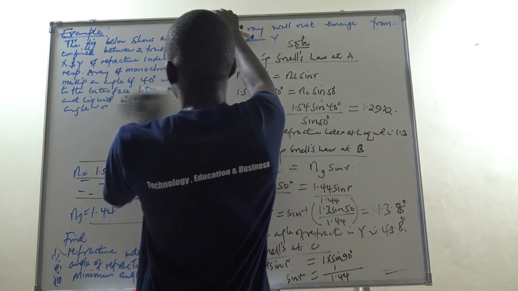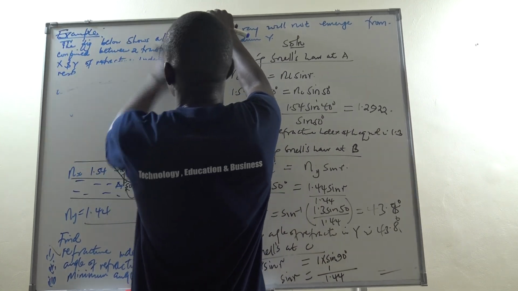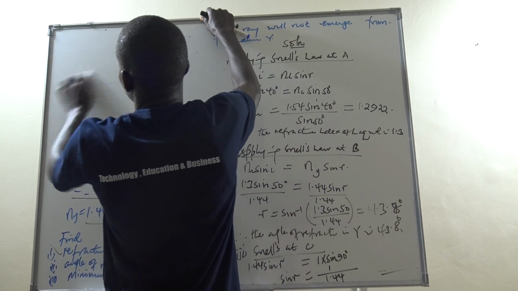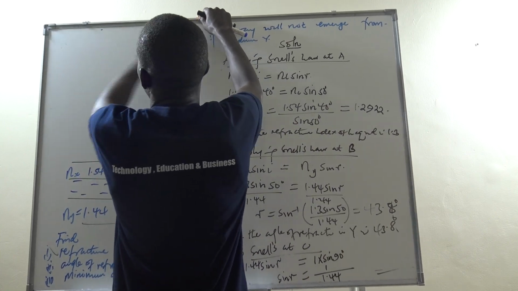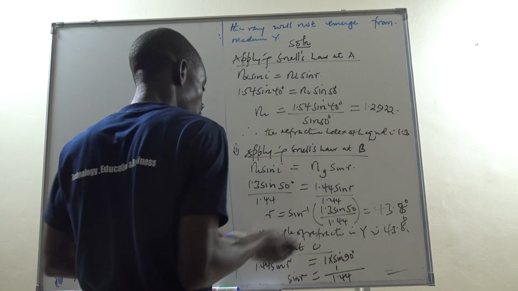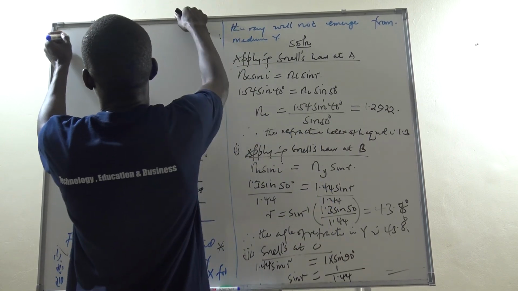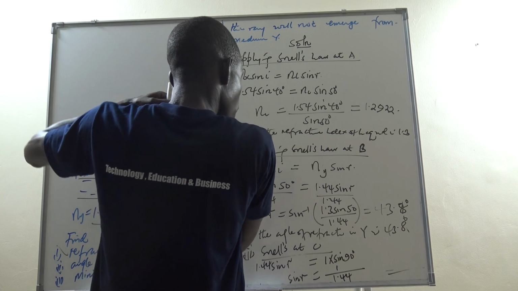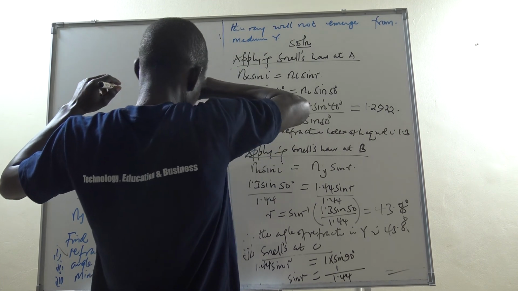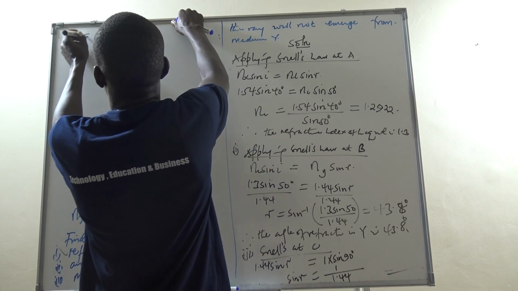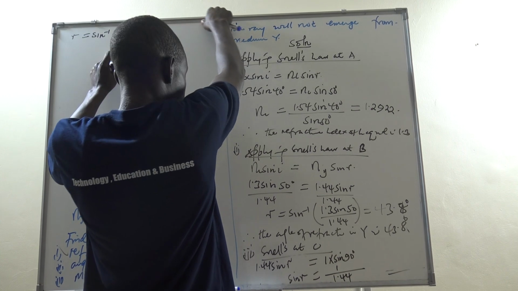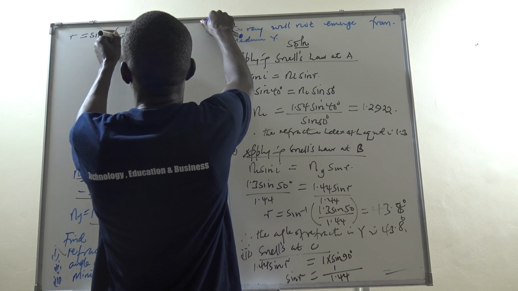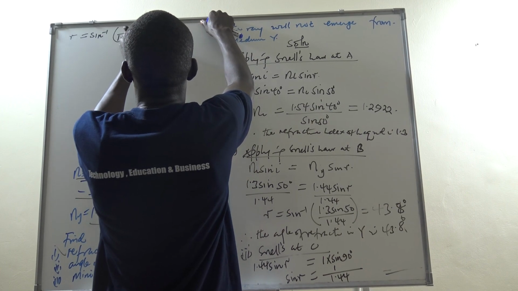I can now rub off this part here. And then I can say my R is the sine inverse of 1 out of 1.44.